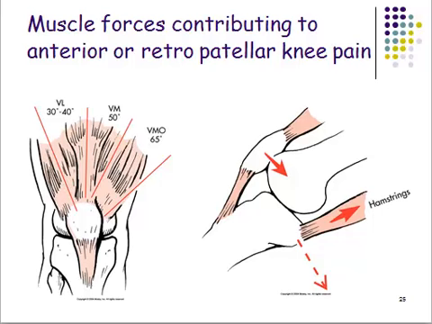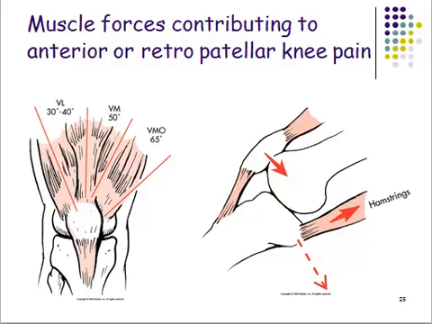There are also muscle forces that contribute to anterior or retropatellar knee pain, and these are typically excessive hamstring tightness, because this increases the patellar compression, because the patellar excursion through knee extension is resisted by the hamstrings, requiring more quad force. In addition, you'll often see that VMO weakness, or vastus medialis oblique, is noted as a contributory factor.